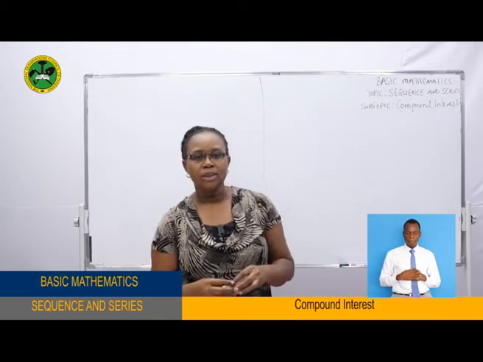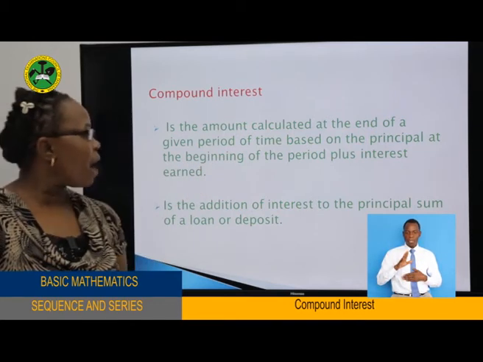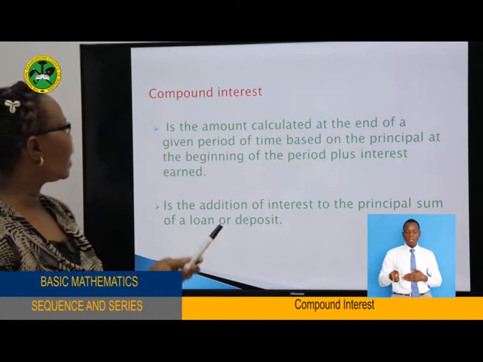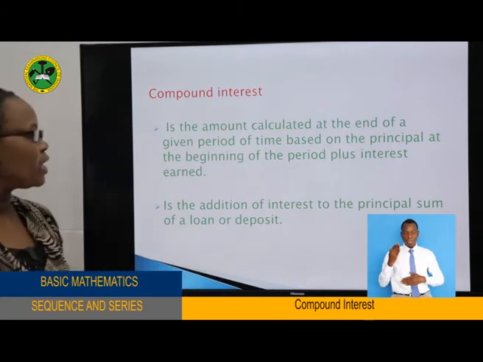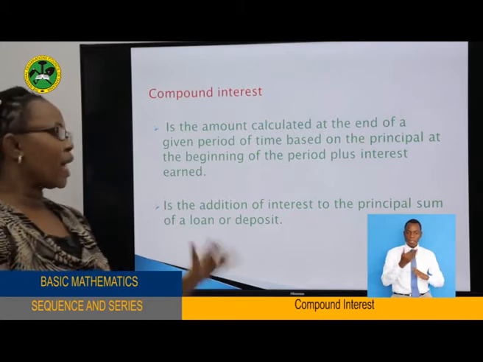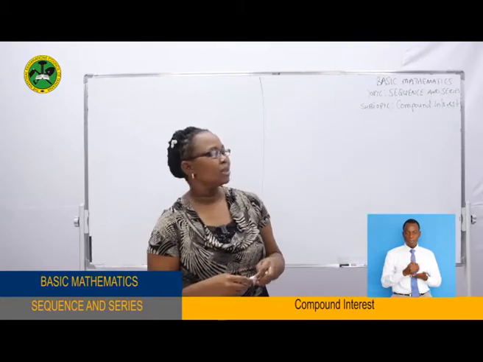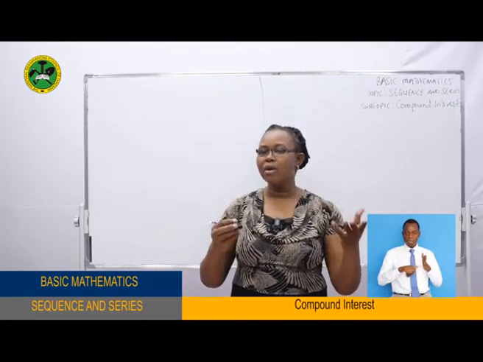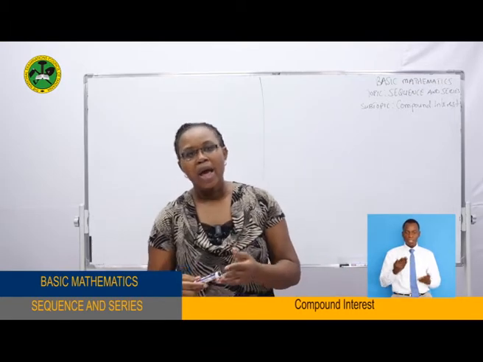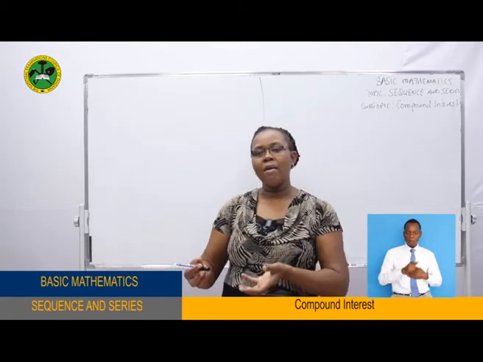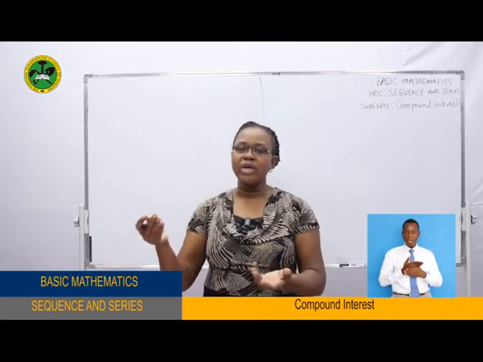My dear students, compound interest is the amount calculated at the end of a given period of time, based on the principal at the beginning of the period plus the interest earned. It is the amount of money whereby a certain person invests his or her money at a certain bank for maybe 2 or 3 years.